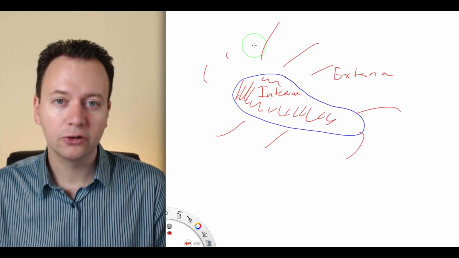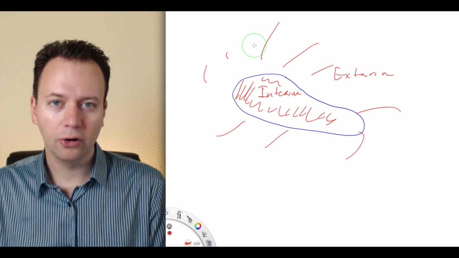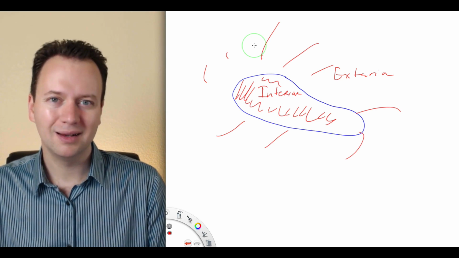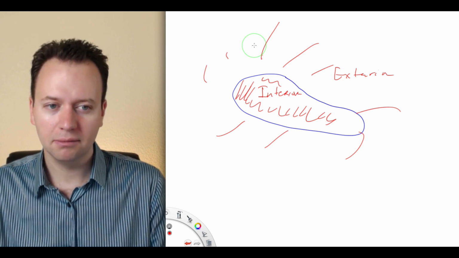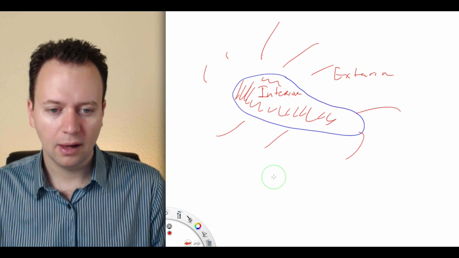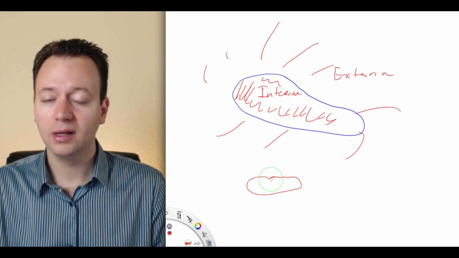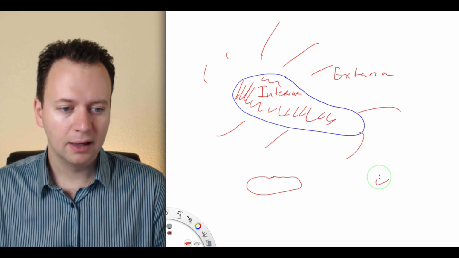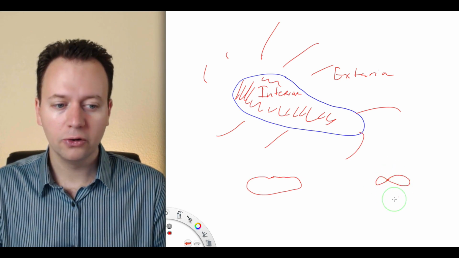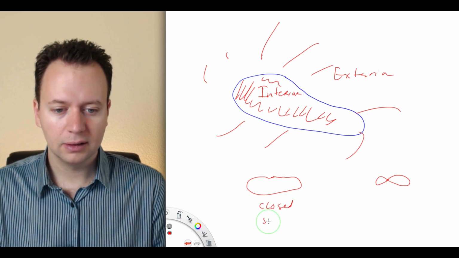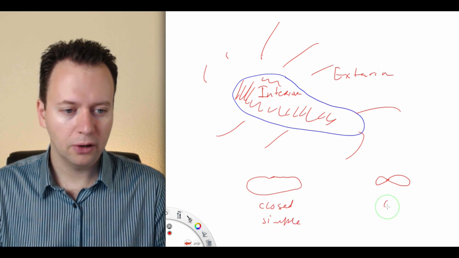So we'll be using this terminology: simple curve, simple closed curve, open curve. Basically you just need to have the simple intuitive picture, right? A simple closed curve is a loop that doesn't self-intersect. This is a closed curve that's not simple. So this is closed simple, closed not simple.